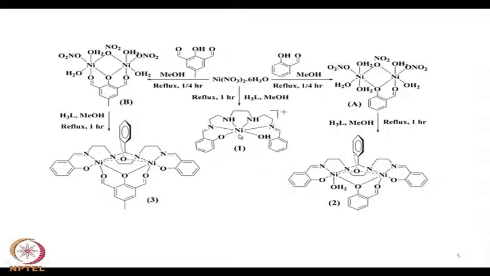So, what do you think if you use it in a reverse way? When we are talking about all these biological systems, all this enzymatic nickel system, you have this particular phenol based dialdehyde, 2,6 diformyl phenol, where the 4 position is also substituted by a methyl group.